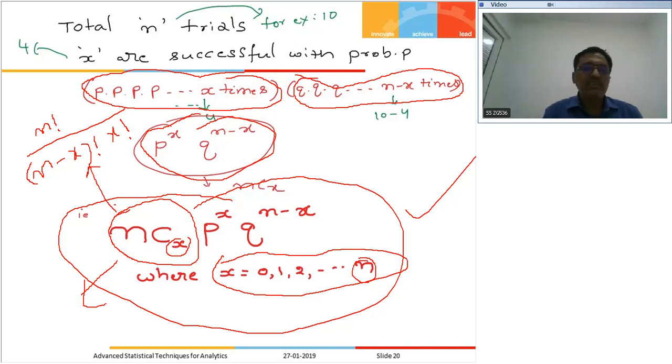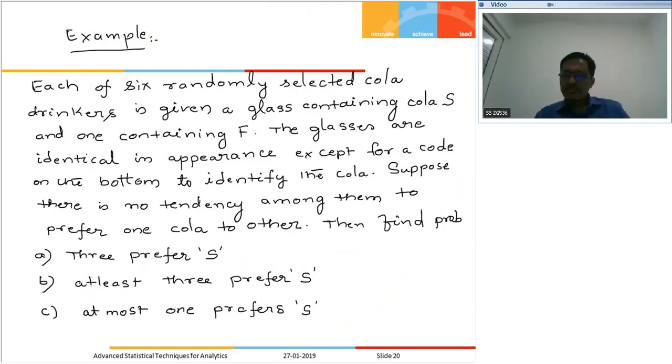Now, shall we go further with one example? This is an example with which we can try to understand the process. Each of 6 randomly selected cola drinkers. This also comes under an application.